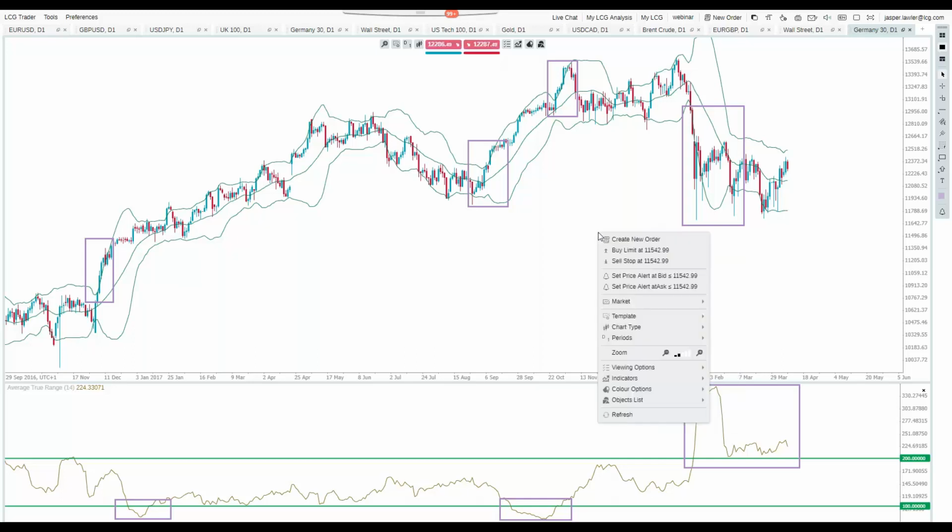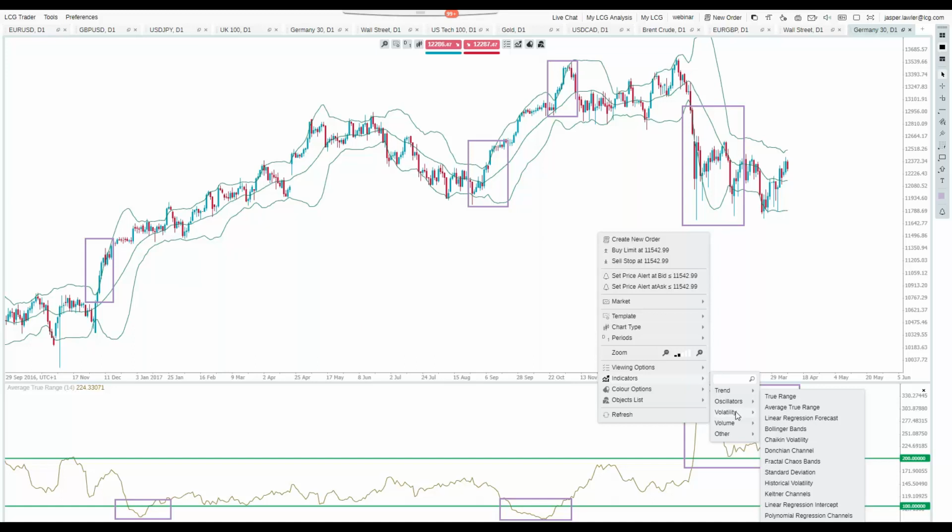If I show you how I got those indicators on there: right click on the chart, indicators, and you can see there's a whole bunch of indicators that show you some measure of volatility.